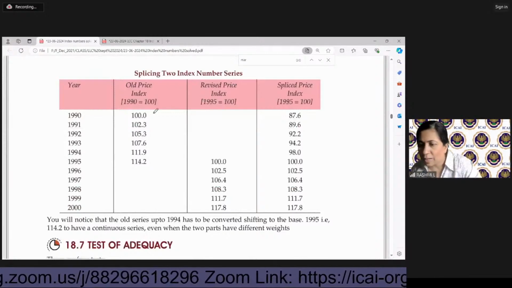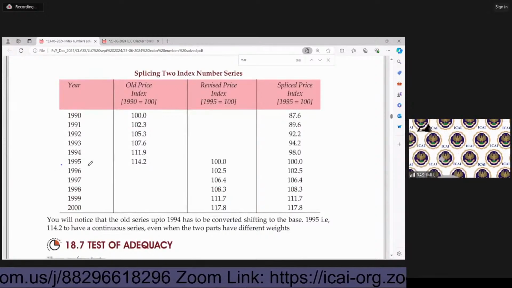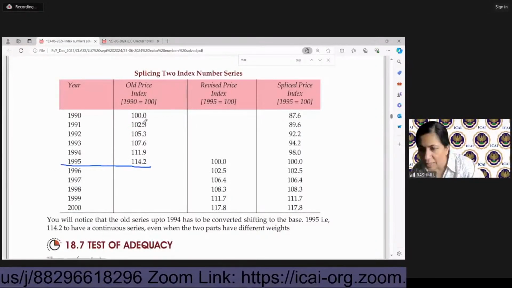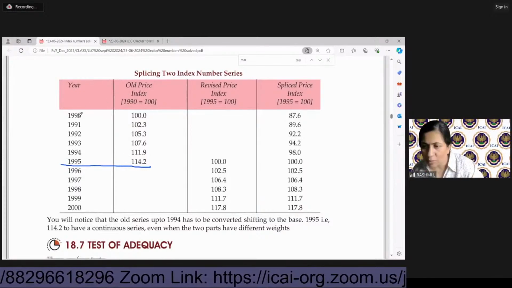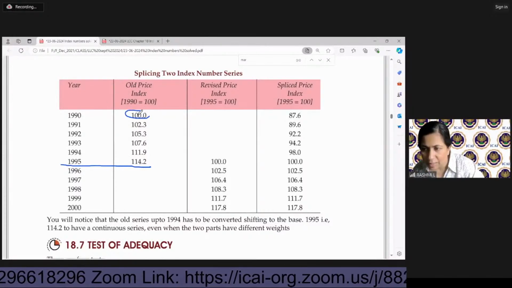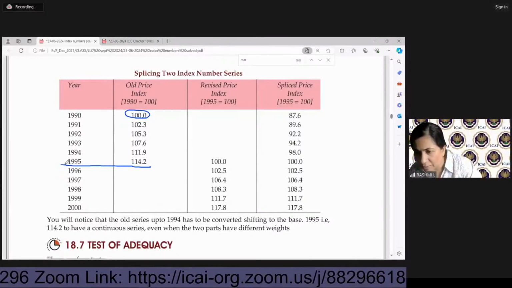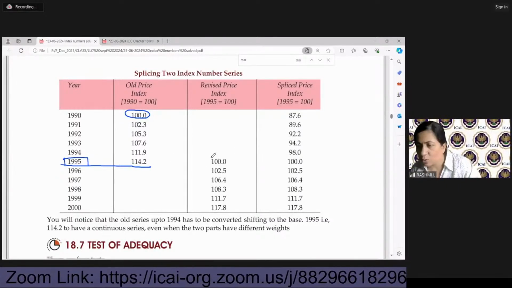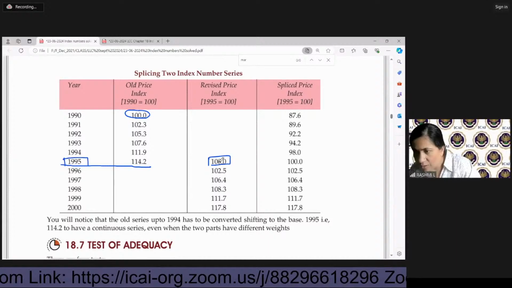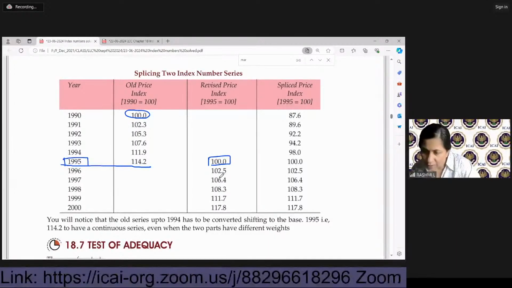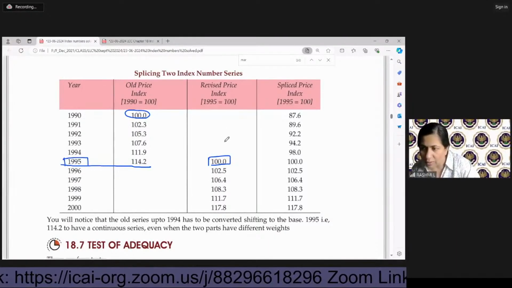So here what we have done is that till 1995, we are saying this is the old price index where we took 1990 as the 100. Then in 1995, we have now shifted the base to 1995. So from 1995, we are calculating. We do not calculate here right now.